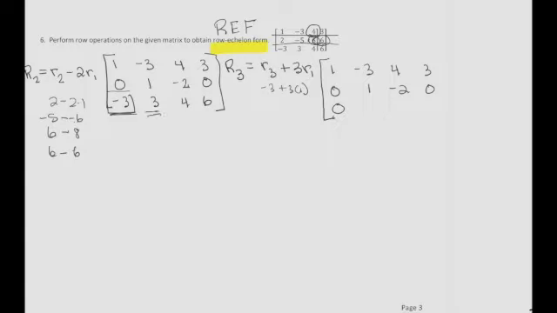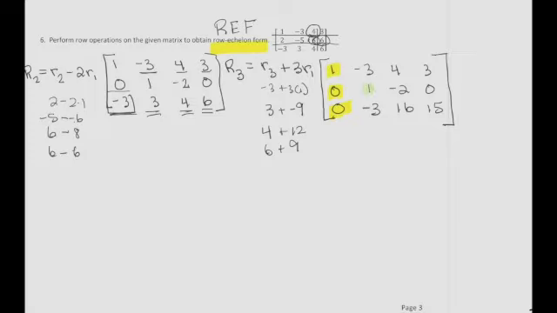Next one will be a 3 plus a negative 9, because you're using this one and this one. The next one will be 4 plus 12. And lastly, 6 plus 9. Okay. So I have my 1s and the 0 beneath it.